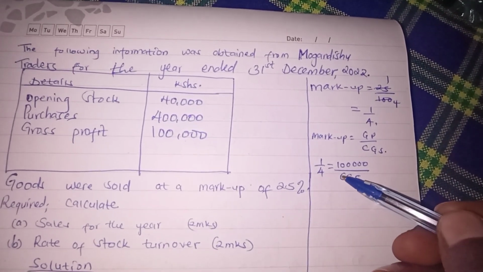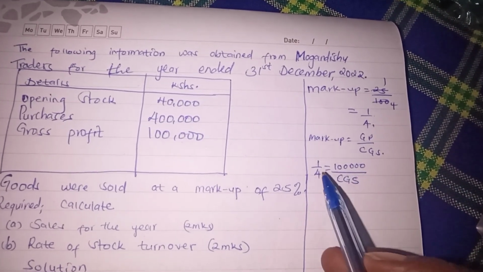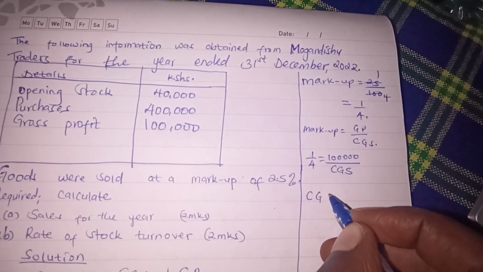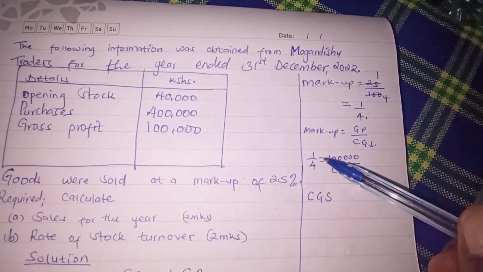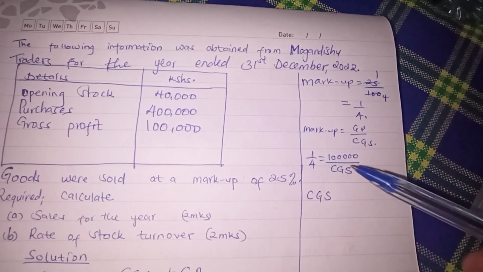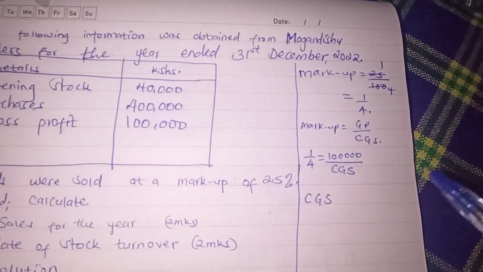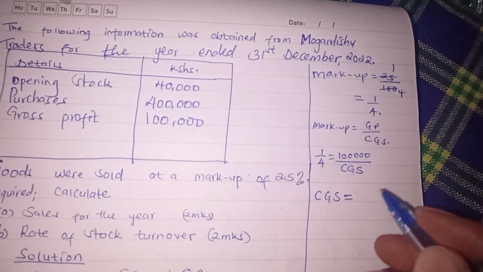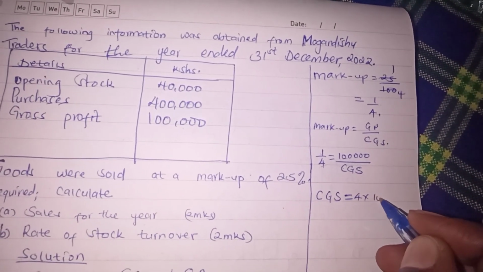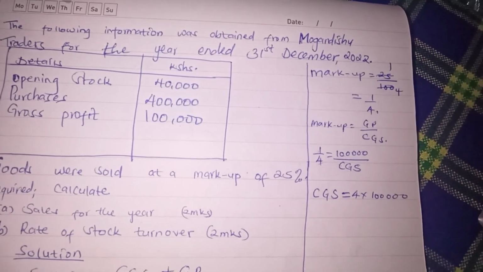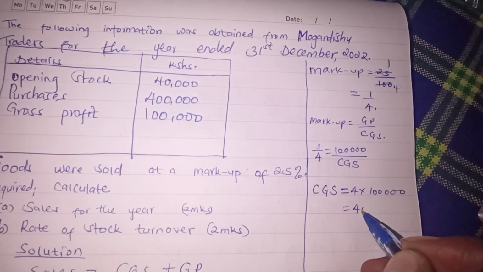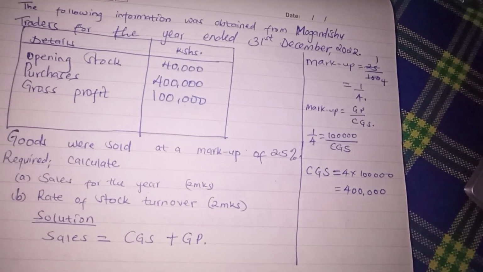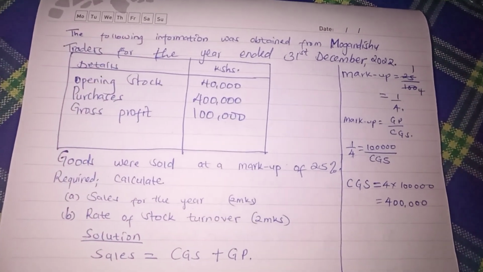So at this juncture, we cross multiply such that we have 1 times cost of goods sold. This gives us the cost of goods sold, or mathematically we make the cost of goods sold the subject. So we have 4 times 100,000, and learners, we arrive at 400,000 as our cost of goods sold.